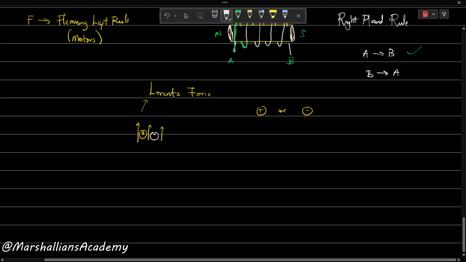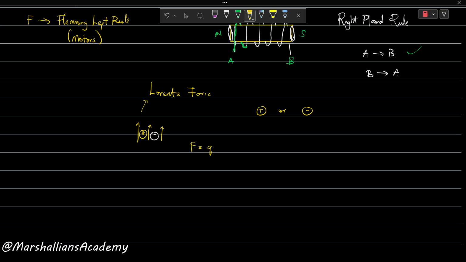And what can we see about the Lorentz force? The force it is going to feel, which is the Lorentz force, is going to be equal to Q times V times B sine theta. And what is Q in this situation? Q is the quantity of charge. That's how many coulombs this point charge is.